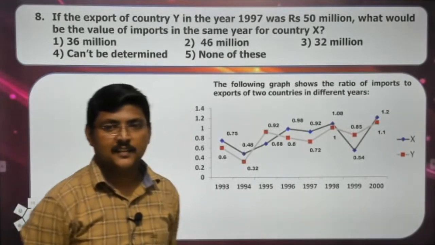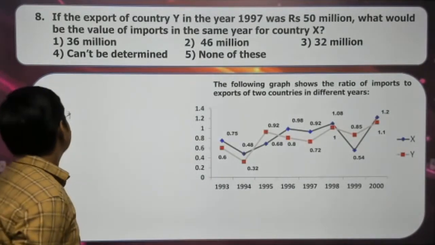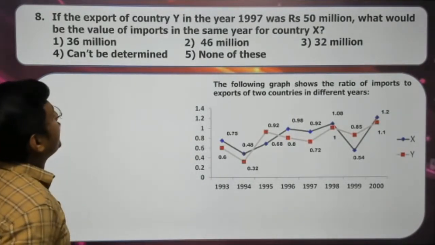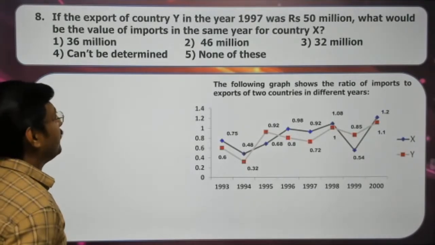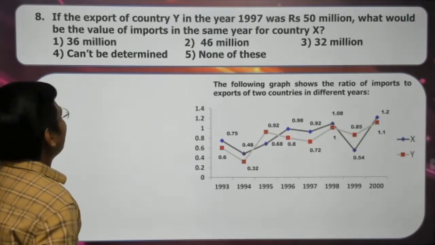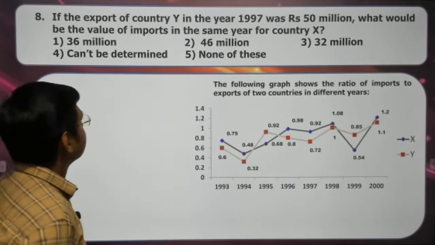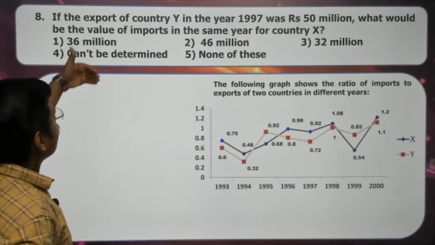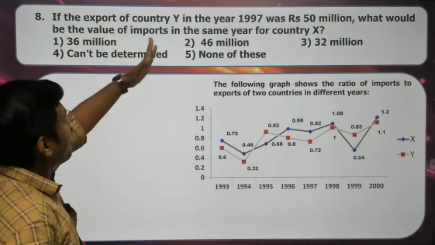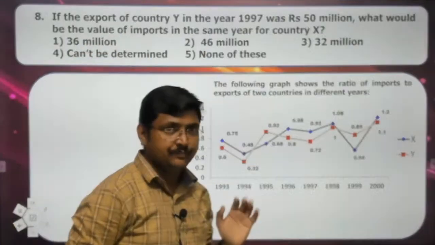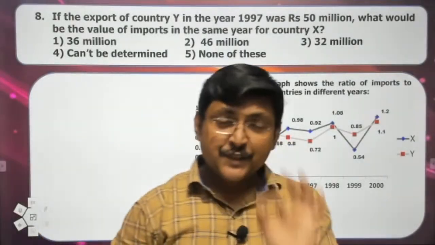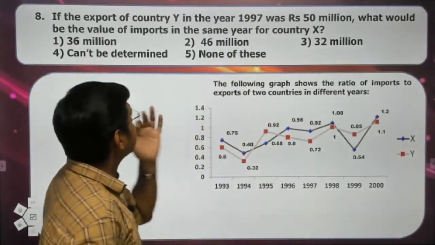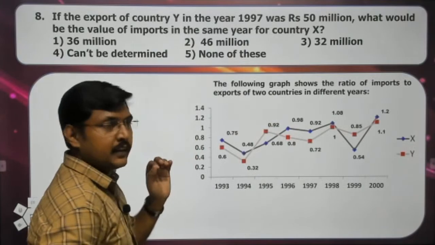Okay, I am explaining this. Listen, if the export of country Y in the year 97 was rupees 50 million, what would be the value of import in the same year for country X? So the export of country Y is clearly given as 50 million, right?